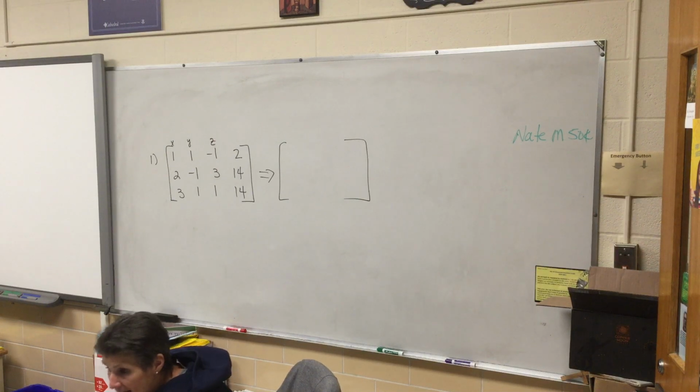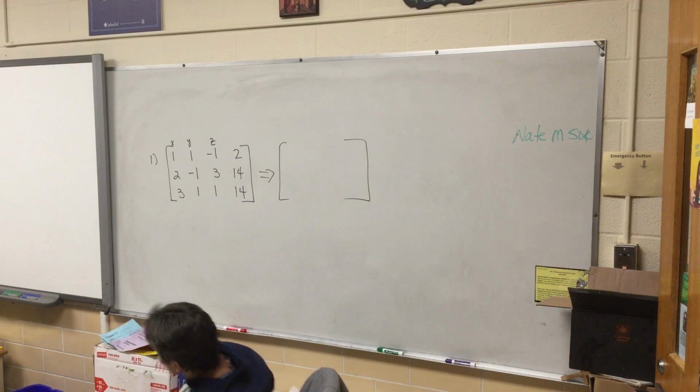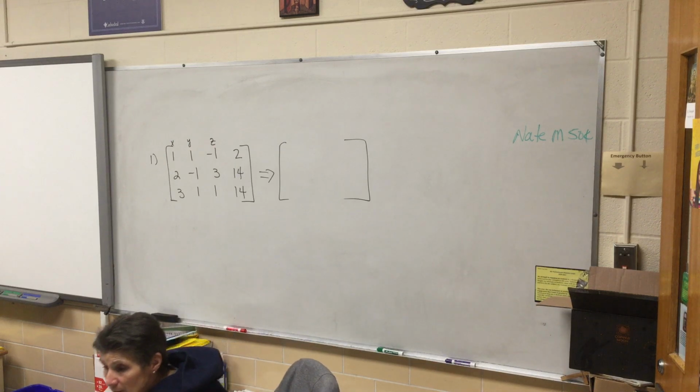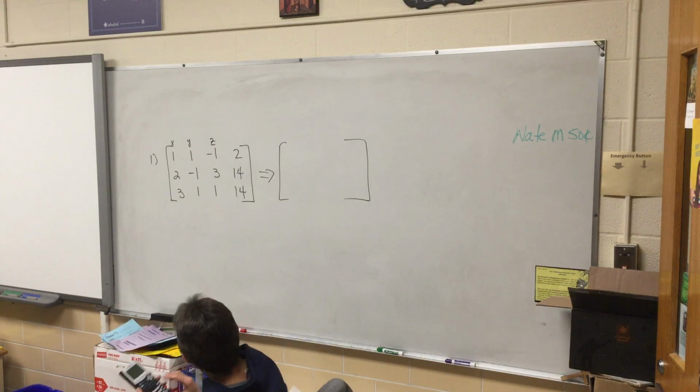And then it should pop you down to the second row. 2, enter, -1, enter, 3, enter, 14, enter. And then we're in the third row. 3, enter, 1, enter, 1, enter, 14, enter.